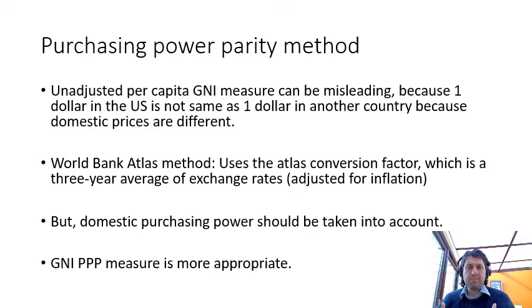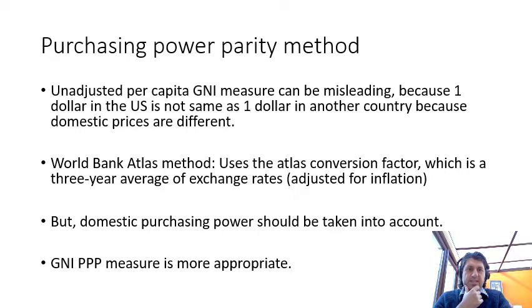But essentially what it does is it uses the prices of a standard basket of goods. This would be a basket of goods that would be relevant anywhere in the world, like a bag of flour, a bag of rice, things like that. They pick prices for those baskets across these different countries and use them to compare. Then the Atlas method comes in on top to correct for exchange rates and inflation.